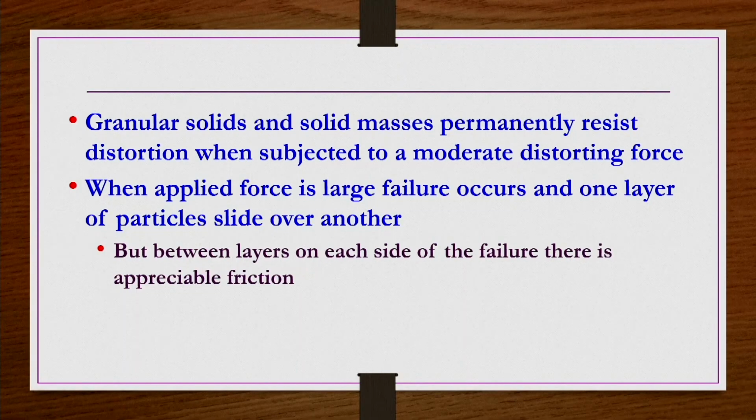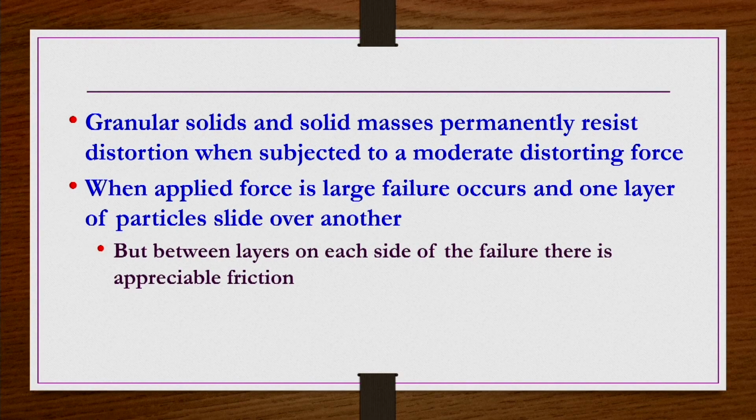When they are sliding, they may flow, and when they are flowing, they also have significant friction between the layers on each side. If this is one side of the layer and this is the other side, between these two layers there will be appreciable friction. Whereas in fluids, that friction is very small, and it is the same for either of the fluid layers.